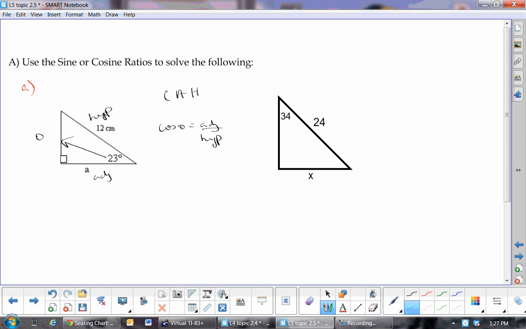Now you can see why that is worth a mark, because if you're getting this, that's good, they're learning it. The other stuff we've done over and over again. So we do our substitution: cos 23 degrees equals adjacent, which is A, over hypotenuse, which is 12 centimeters.